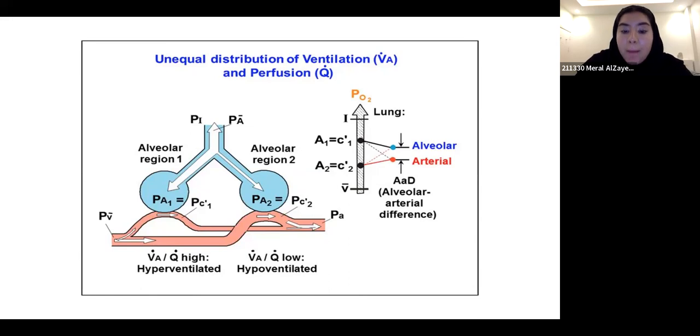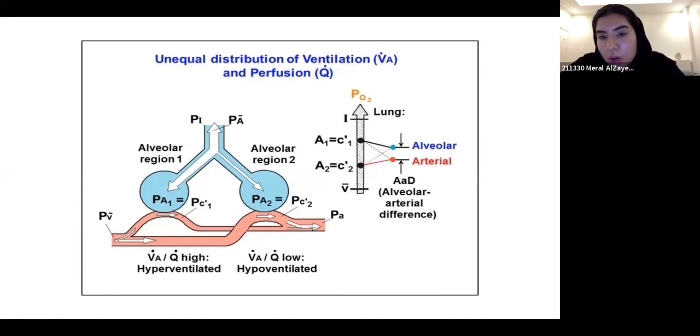But however, the PO2 still has to be between the inspired air partial pressure of oxygen and the venous partial pressure of oxygen, okay? So alveolar region 1 and 2 still have to be in between the inspired air partial pressure and the venous partial pressure. And why is that?